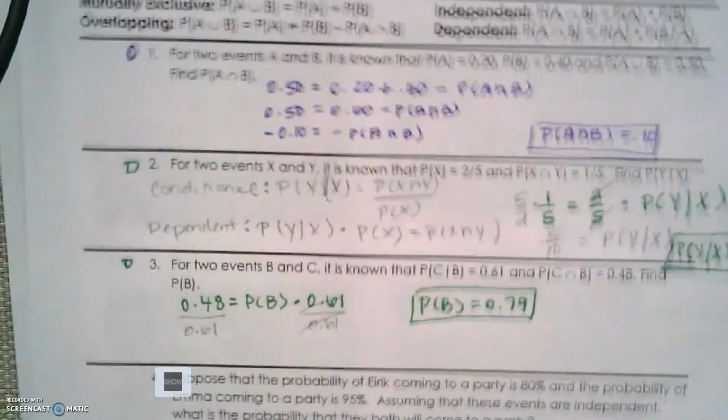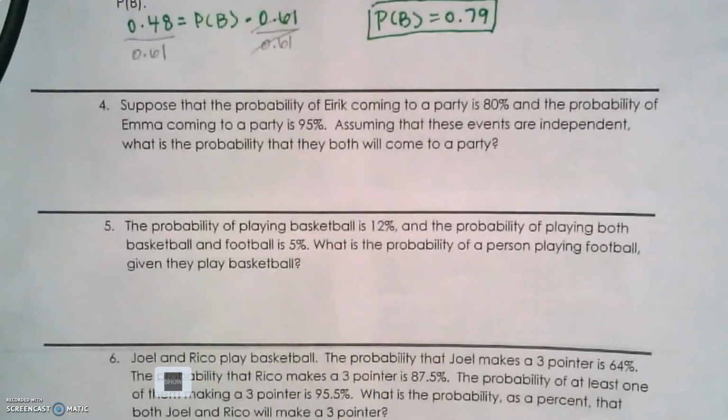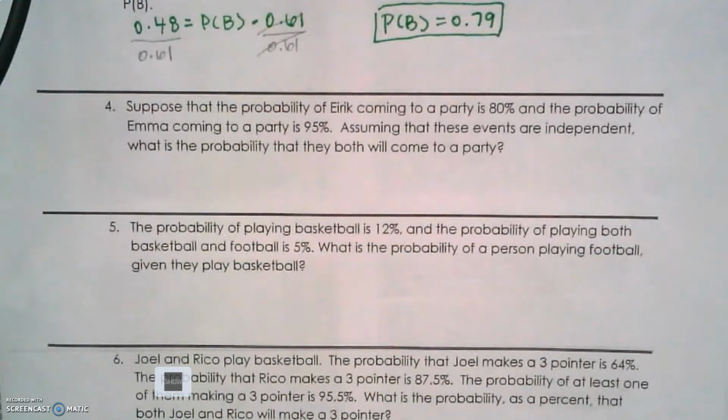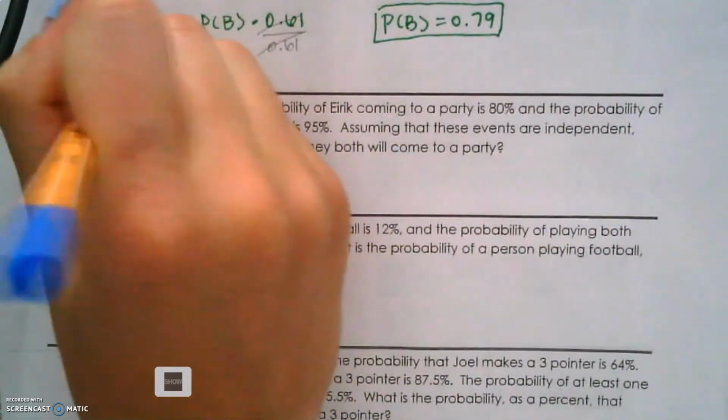Alright, suppose that the probability of Eric coming to the party is 80% and the probability of Emma coming to the party is 95%. Assuming these events are independent, what is the probability they both come to the party? If we want independent, because that's literally what they just told us we're looking for here, let's write down what we have.